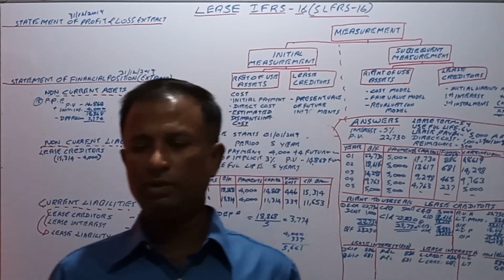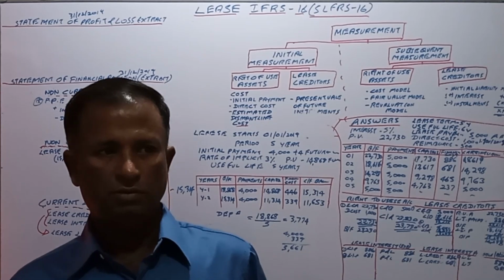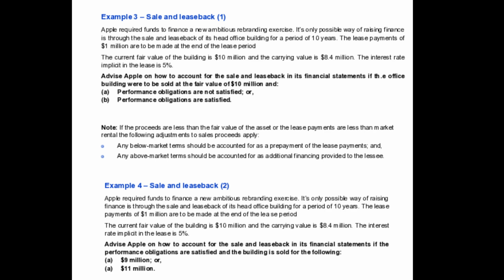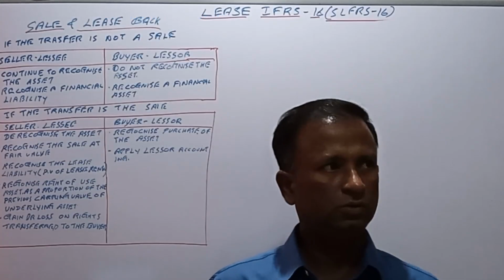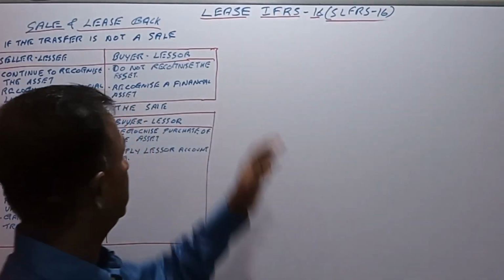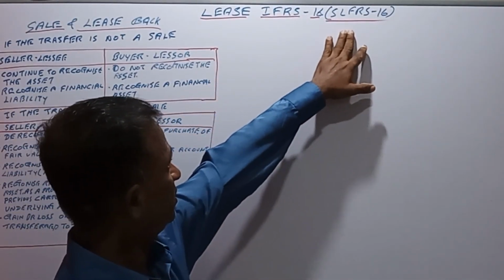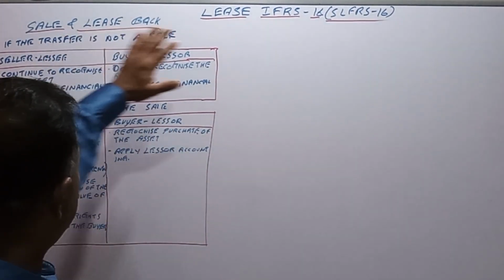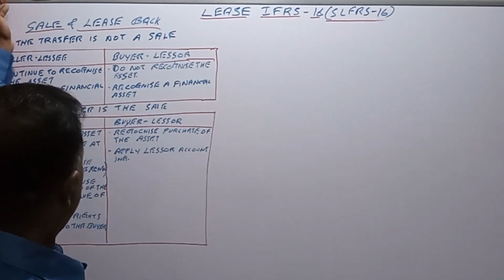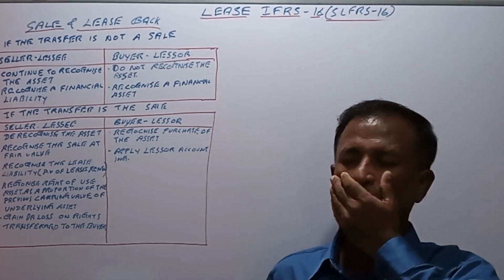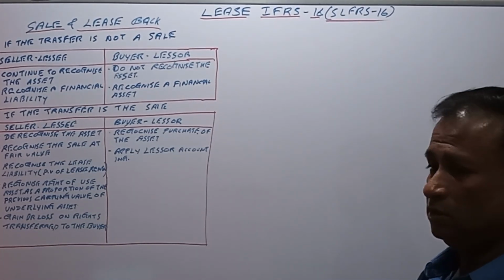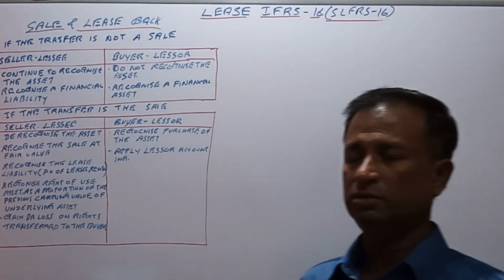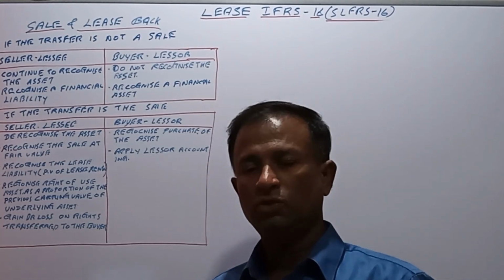Next we can move into sale and lease back. So, next question, in lease IFRS 16, SLFRS 16, that is lease, right? In lease we have seen earlier the initial measurement and subsequent measurements.